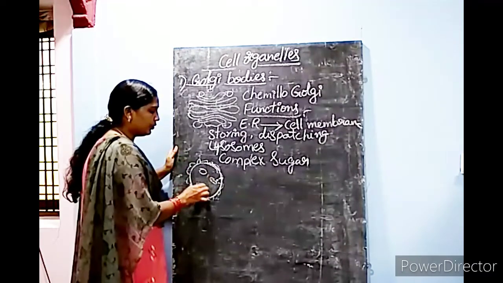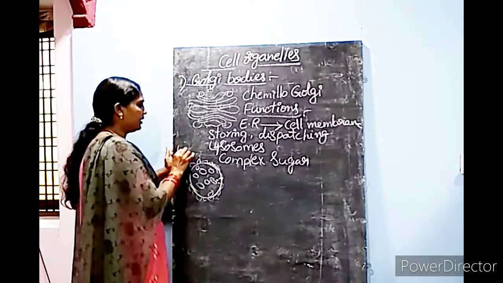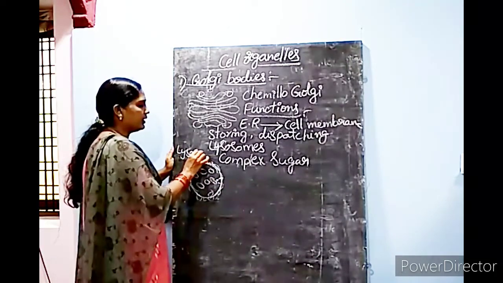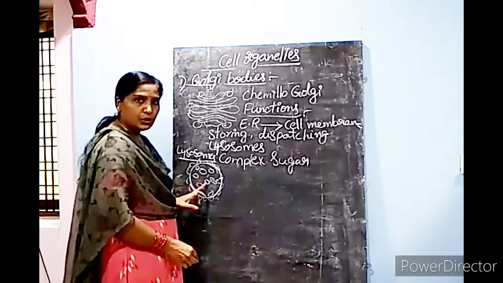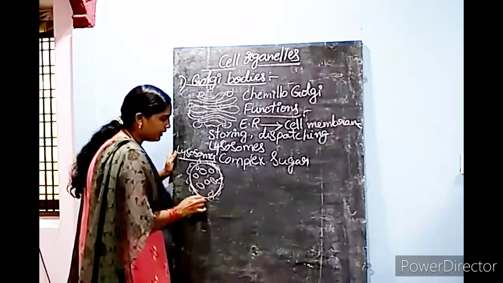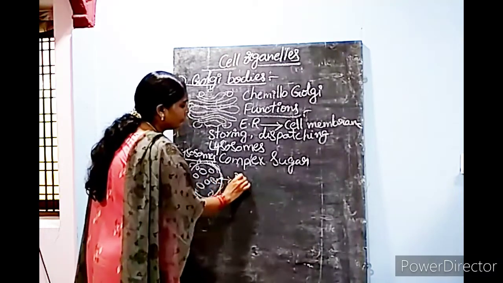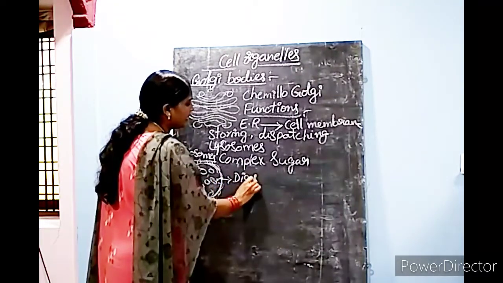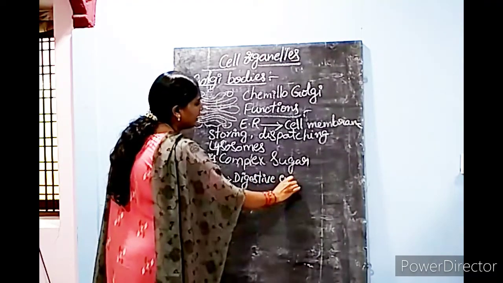Inside this lysosome, powerful digestive enzymes are present. So this is the structure of lysosomes. These lysosomes have a single membrane, and inside them, powerful digestive enzymes are there.